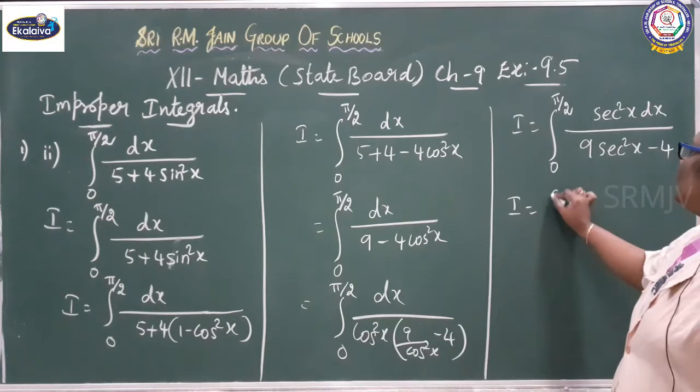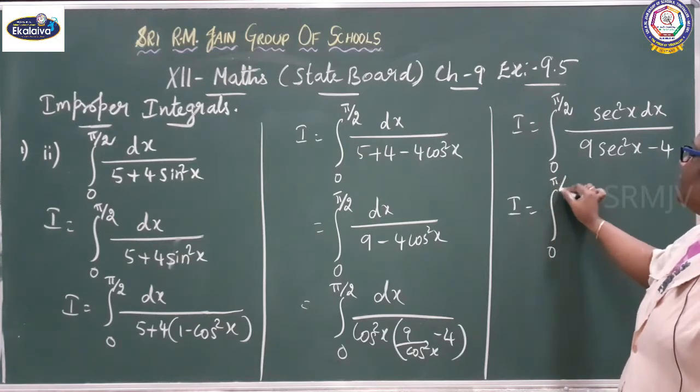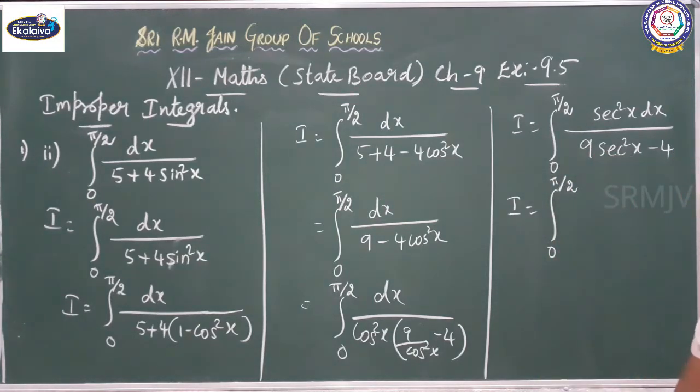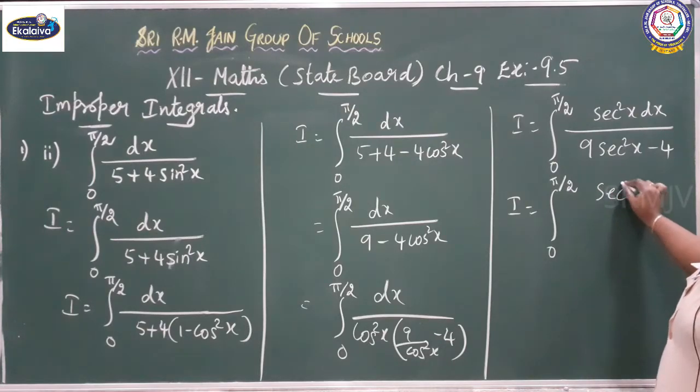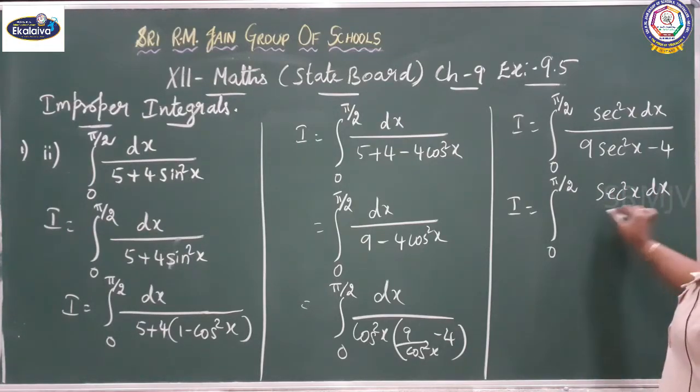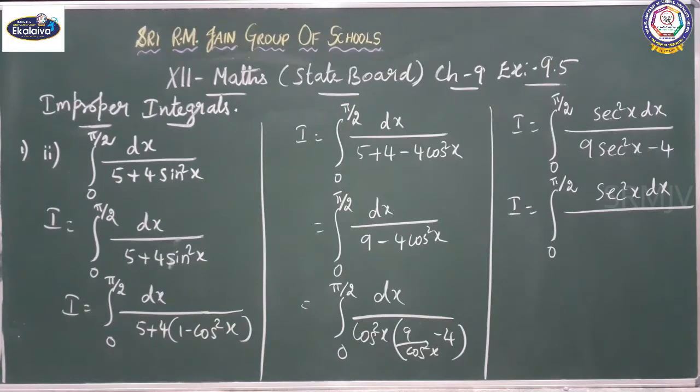So, I equal to integral 0 to pi by 2 secant square x dx by 9 into, the formula for secant square x, 1 plus tan square x minus 4.